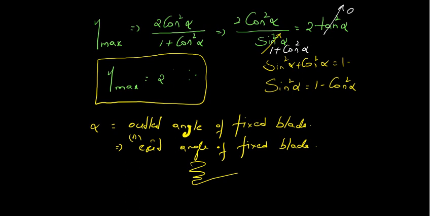It is 2 times cos square alpha divided by 1 plus cos square alpha. Right? And here the alpha is nothing but the outlet angle of a fixed blade, or you can call it the exit angle of a fixed blade. Okay? Thank you. In the next session, we will be doing some problem statements with this knowledge. Okay, thank you.